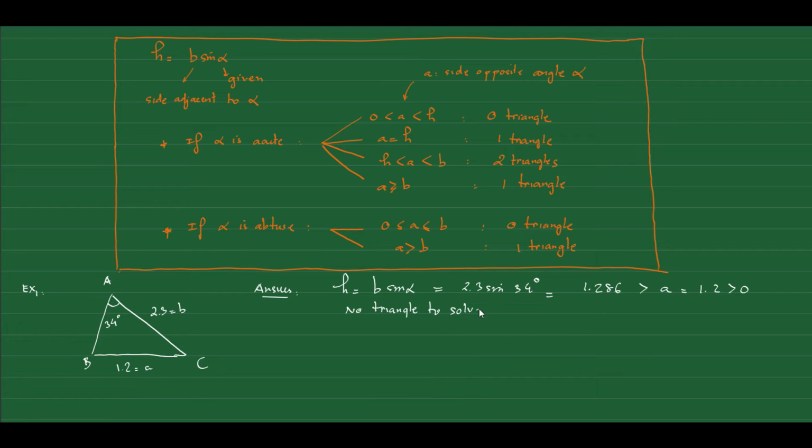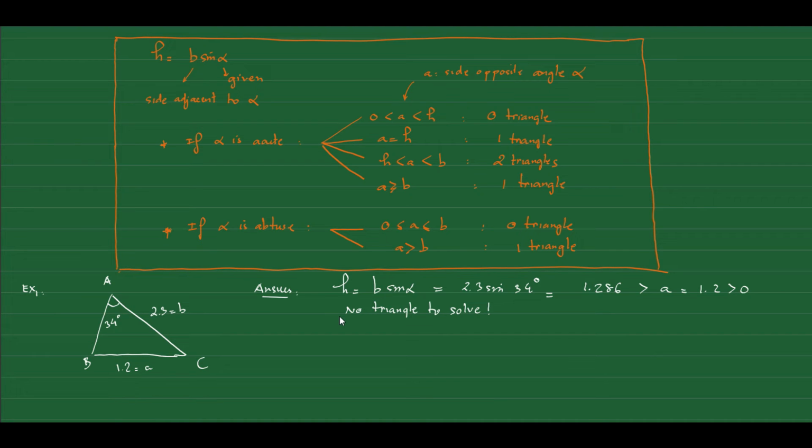Maybe we can jump to the conclusion like that, but some of you may ask, why don't we just go ahead and apply the law of sines over here? It looks feasible, right? But why do you jump to the conclusion there's no triangle? Now let's use the law of sines to show that we don't have any triangle in this case.